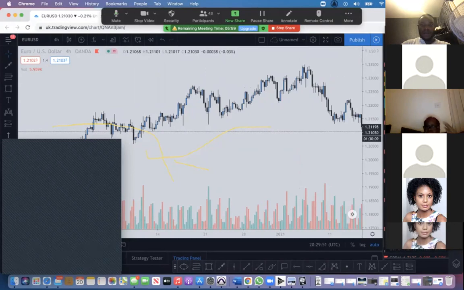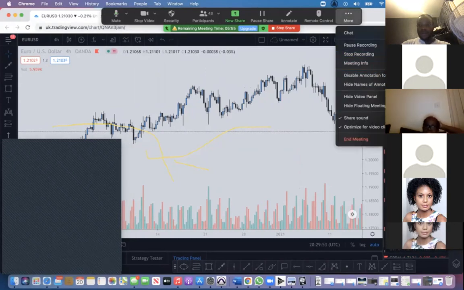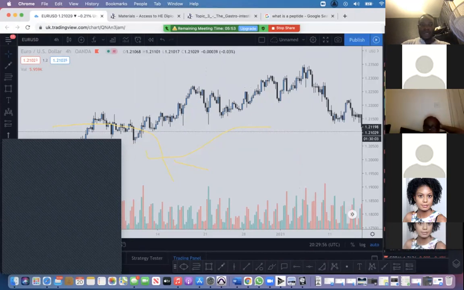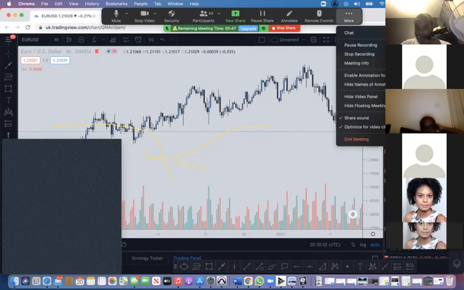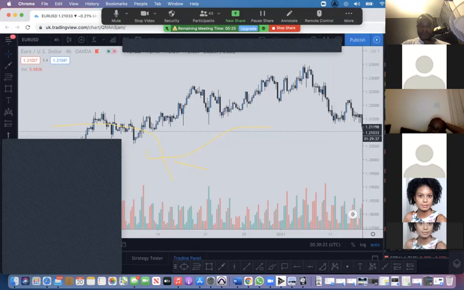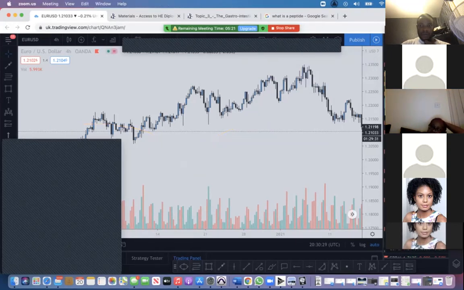Settings, okay. All right, disable annotation. I have done that, but that one is still there. Clear annotation, where is it? All right, thank you, April. I got it done.